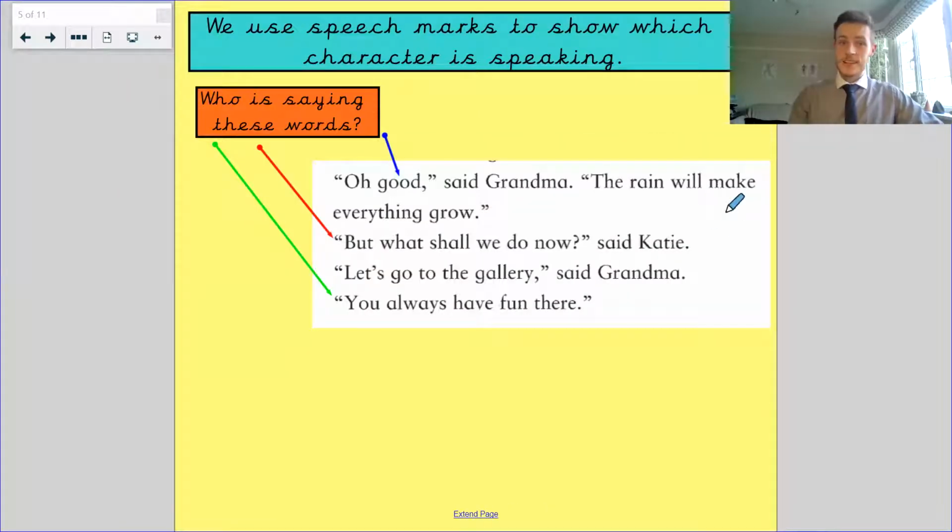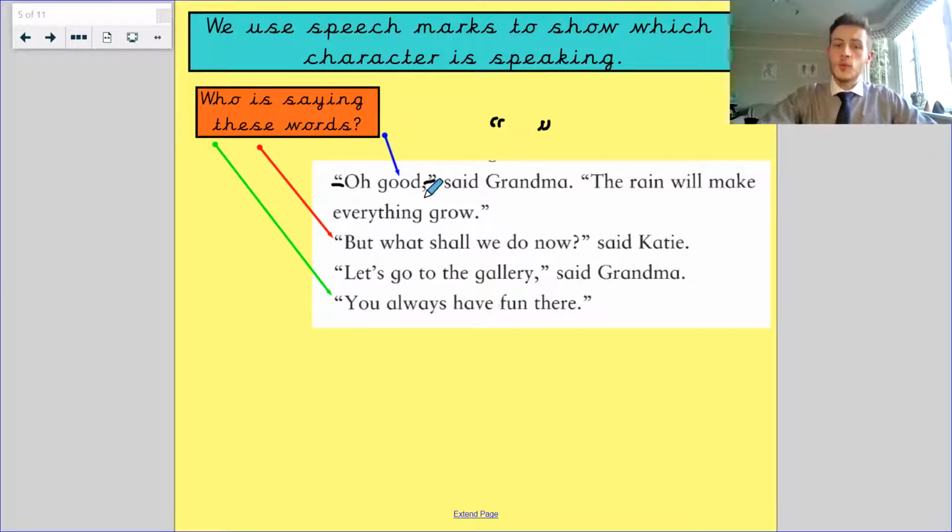Now, for today's lesson, we're going to see whether we can use speech marks. Now, speech marks are there to show when a character is speaking. So we've got the speech marks 66, remember? We draw it as a 66, they go up. And then when somebody finishes talking, we've got the 99.